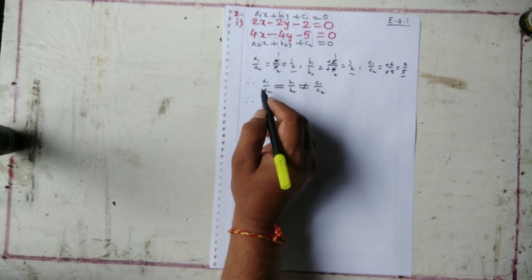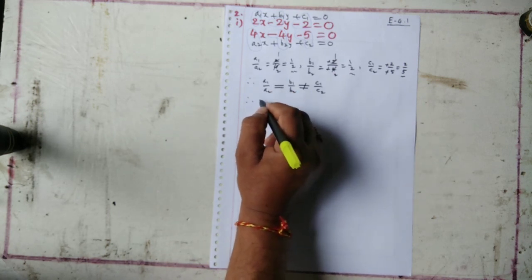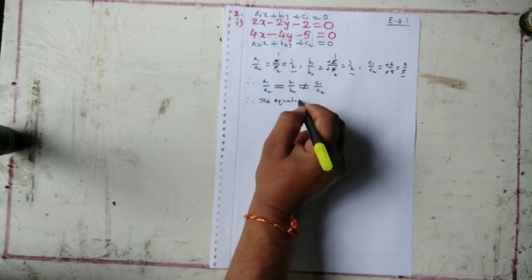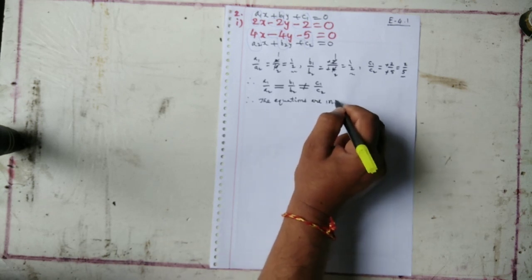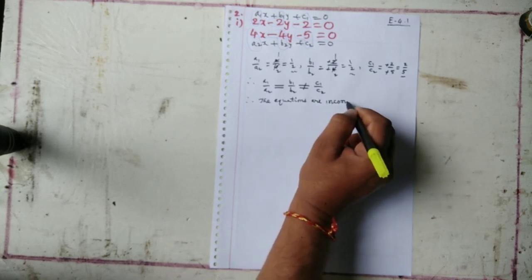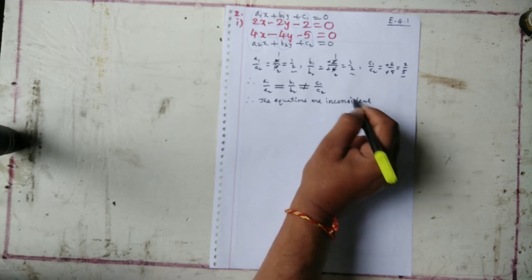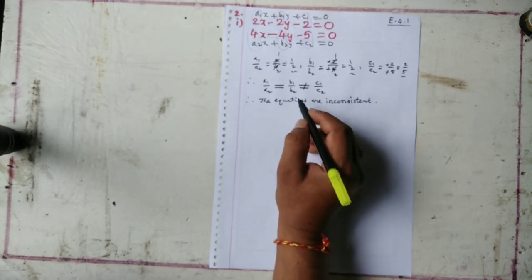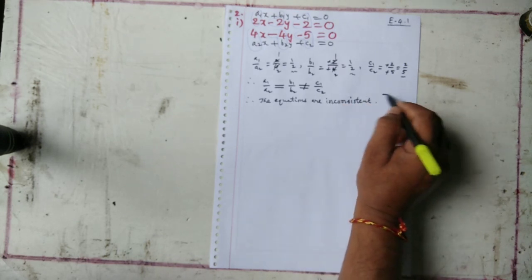Therefore, the equations are inconsistent. And also we can say that they represent parallel lines and have no solutions.